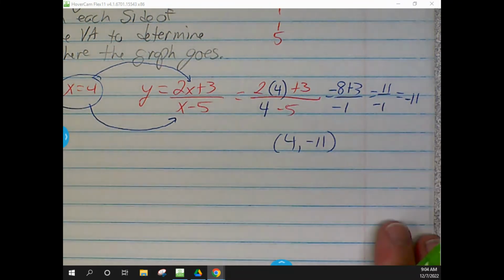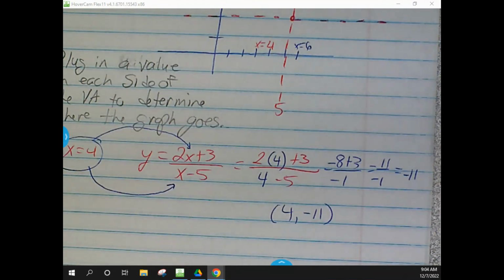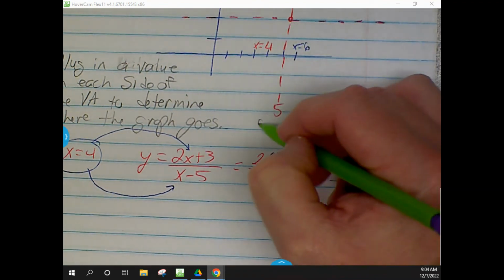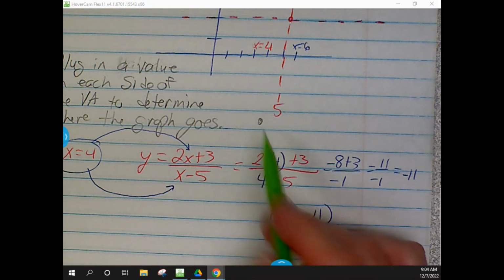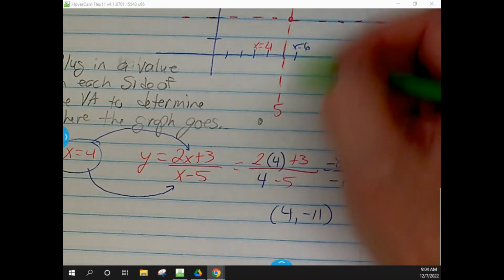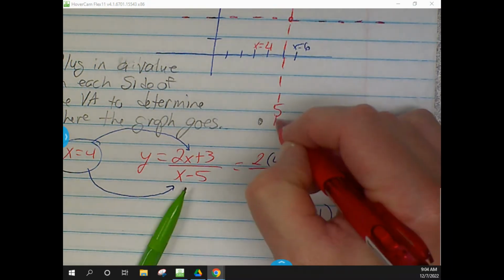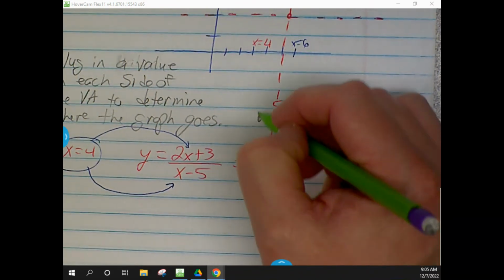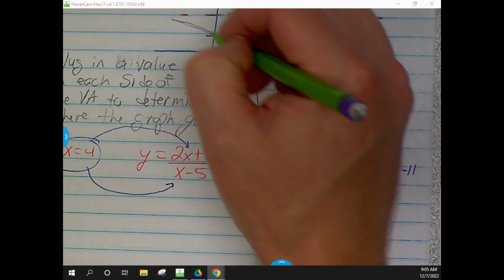And again, it's either above or below the line. 4, -11 is going to be way down here somewhere, which means for that particular graph, it's got to stay within this fenced area. So no matter what it's going to do, it's going to be in here somewhere, something like that.